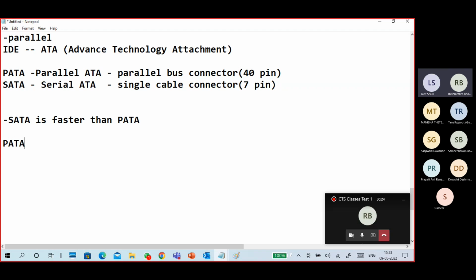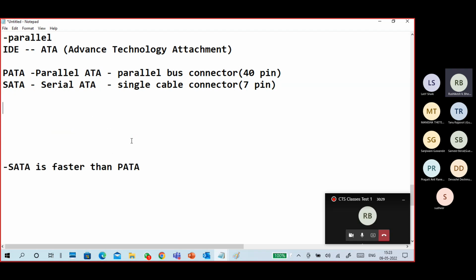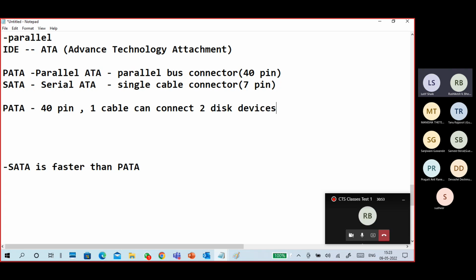Okay, next, PATA. Again, PATA is a 40-pin connector, one cable. It can connect two disk devices, meaning either a hard disk, a CD-ROM, or a DVD.